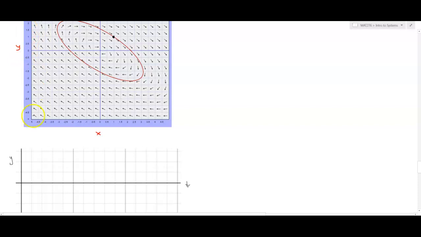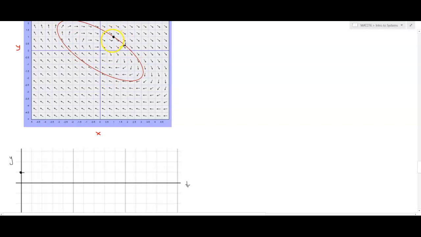So the first thing I'll do is come over here and say, okay, y starts off at positive 1. Well, what does it do next? We see that the orientation is in this direction, so this point, if we pressed play, would just circulate around this ellipse. And what is y doing on this interval?